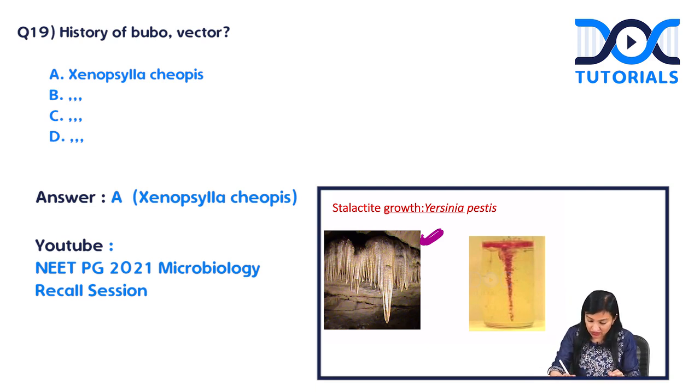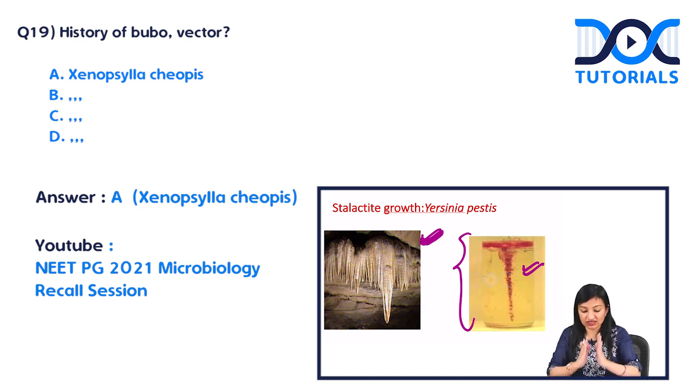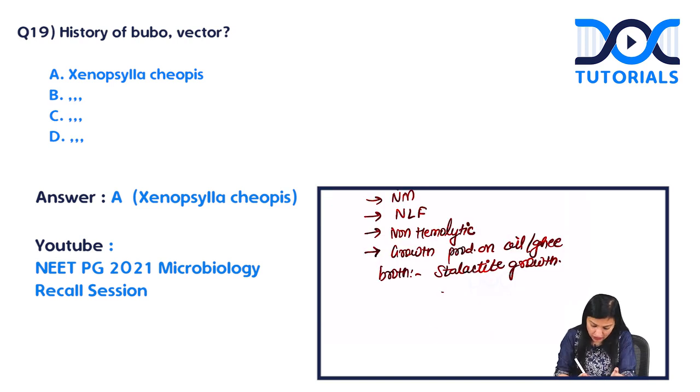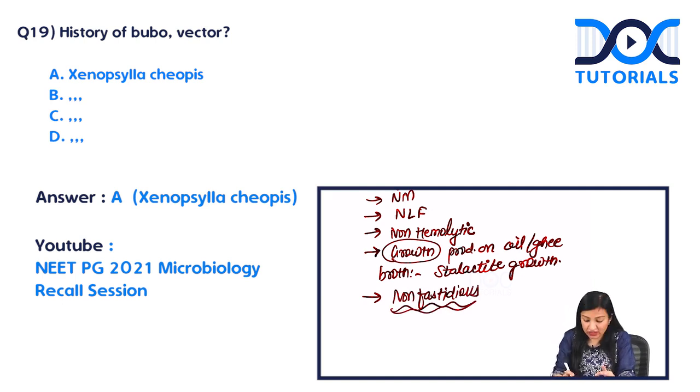This is a culture medium, a liquid culture medium, at the top of which oil or ghee is floating, and from that you can see these downward, inverted structures. This kind of morphology is described as stalactite-like growth of Yersinia pestis. Now another factor you need to remember regarding the growth characteristics of this organism is that it is non-fussy, that is, non-fastidious, so it can grow on nutrient agar and nutrient broth.